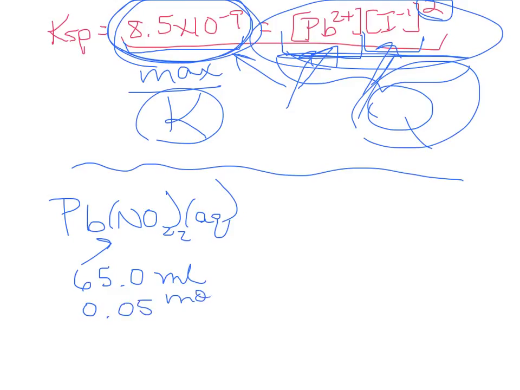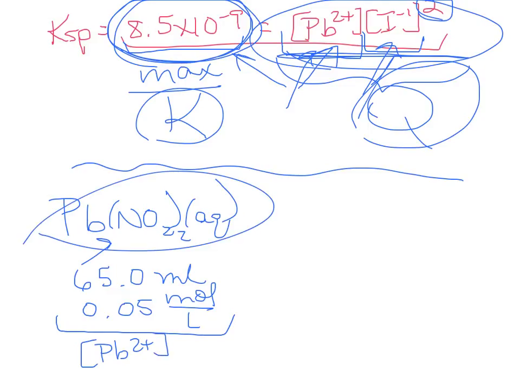molarity, which remember just means moles per liter. All right, and so from that we're going to find out what the concentration of lead ion was, because it all comes from this, which is totally soluble. And the source of the iodide ion comes from sodium iodide, which again is totally soluble.